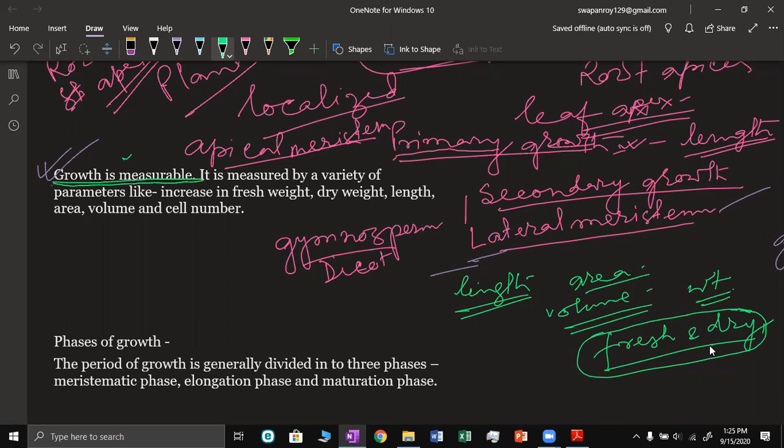So an increase in dry weight is one way we can measure growth. It is measured by a variety of parameters like fresh weight, dry weight, length, area, volume, and cell number, that is, how many cells have been produced.